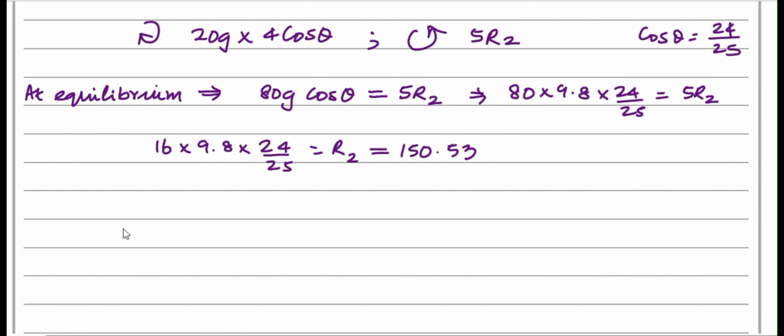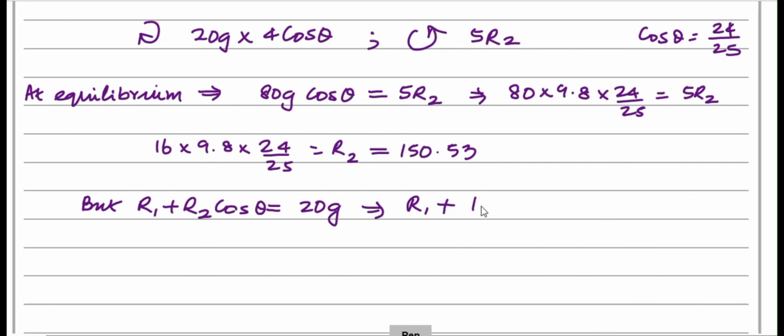But from the earlier equation, we know that R1 plus R2 cos theta equals 20g. That means R1 plus 150.53 times cos theta, again 24 over 25, equals 20 times 9.8.